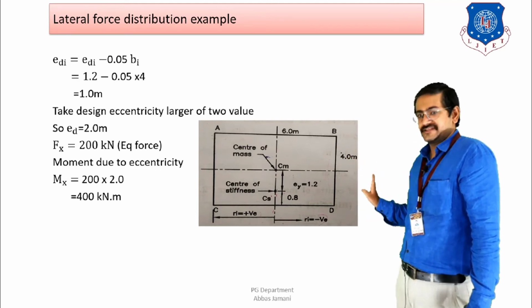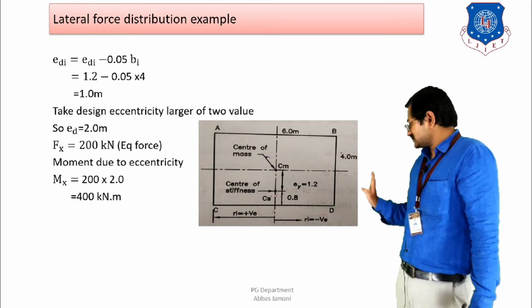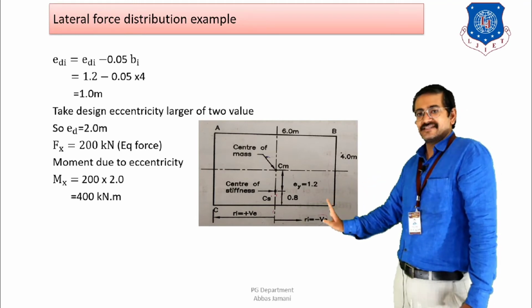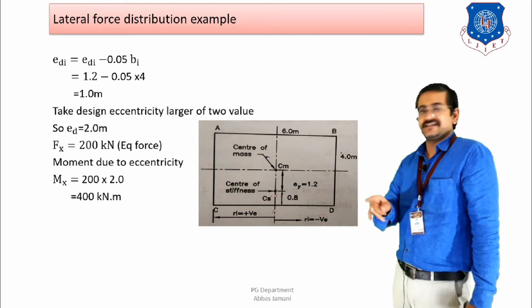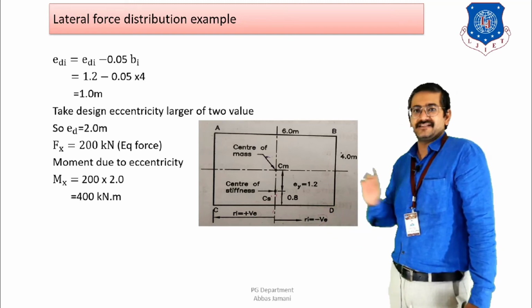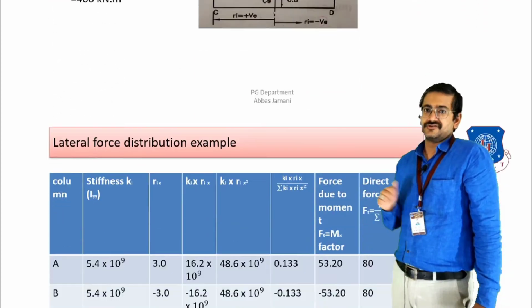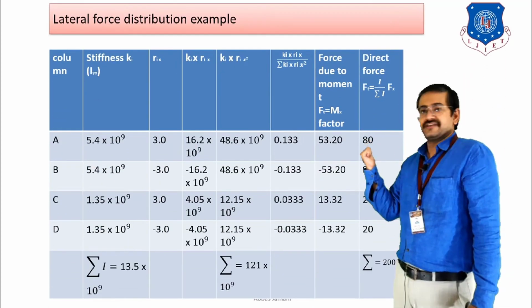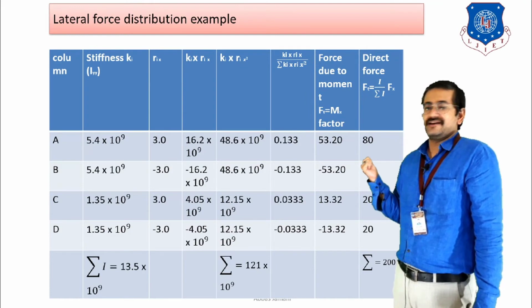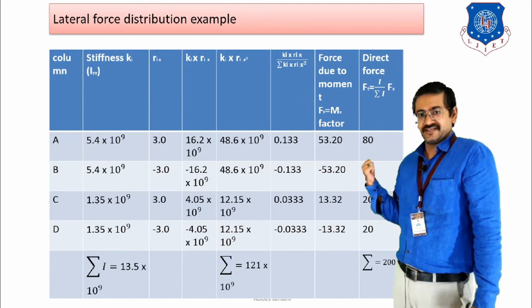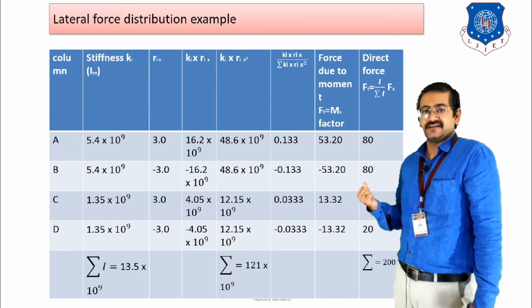From the center of stiffness to the corner of the column. So from the center, Rix in this direction is taken as positive. So 6 divided by 2 is going to be 3. And since it is going to be from the center towards the left side, the value is going to be 3. So if you look at the table, I have put the value as positive 3. Then for the second case, it is going to be negative 3. Why? Because it is going to be on the other side. Same thing for C, same thing for D.